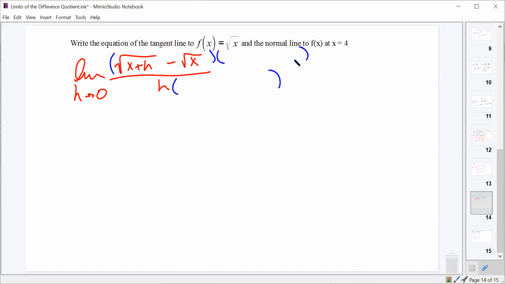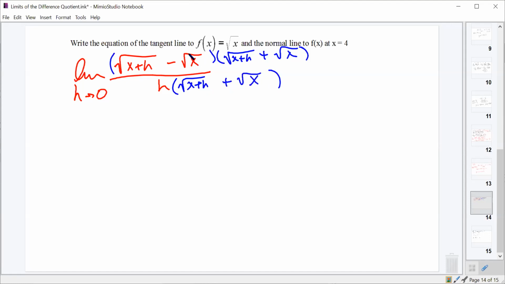Anybody? Conjugate? Yeah, we're going to multiply by the conjugate. Oftentimes, if you have a radical minus another radical or a radical plus another radical, you can get rid of all those radicals by multiplying by the conjugate. So that's what we want to try to do.